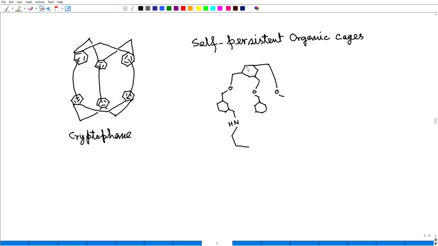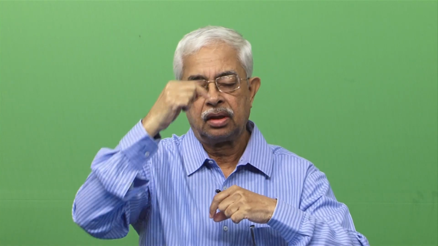So, what happens? You have aromatic bridgeheads, and you have 3 arms or 3 bridges attached to the aromatic bridgehead, and the 3 bridges also contain aromatics.